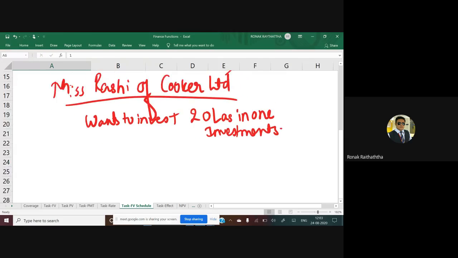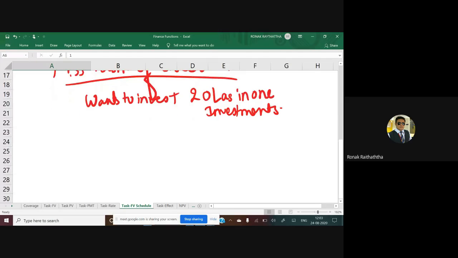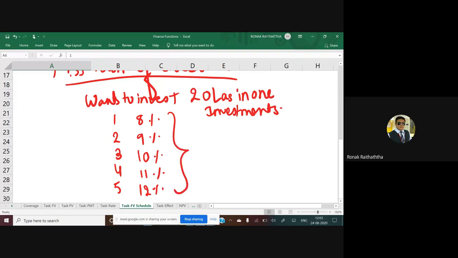And her expectations of the rate of return over 5 years would be, in year number 1, she is going to expect 8%. Then it would be 9, then 10, then 11, then 12. And the compounding will be quarterly. If you can, then just solve this out.